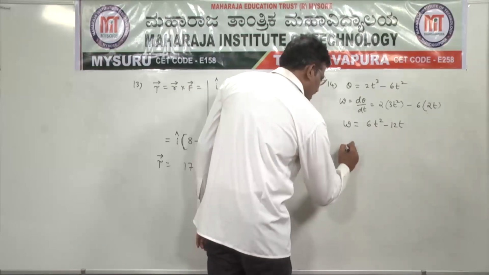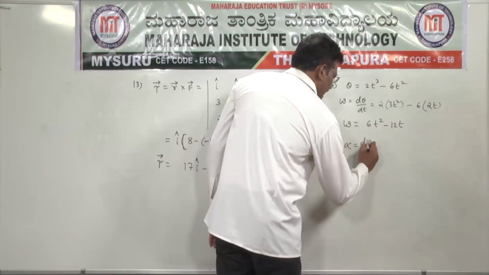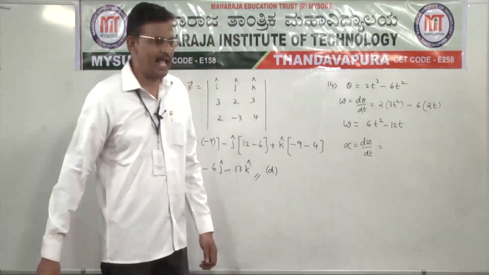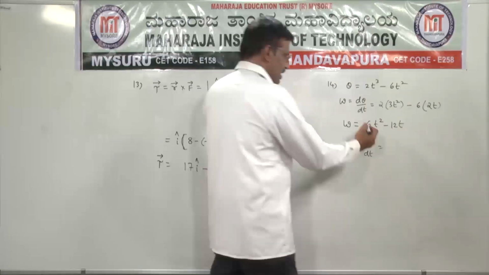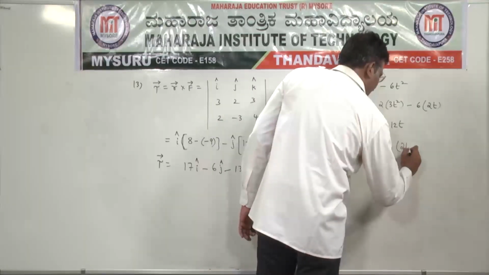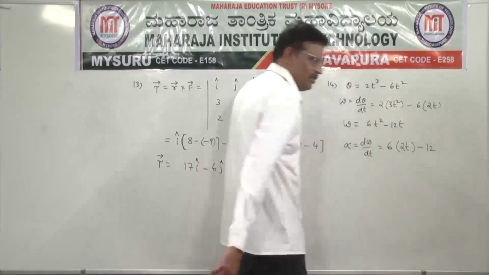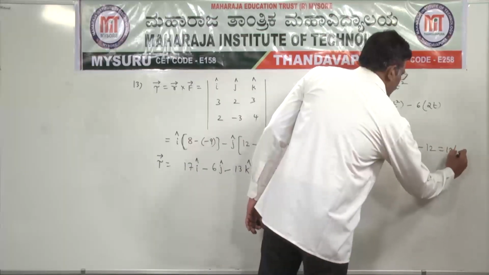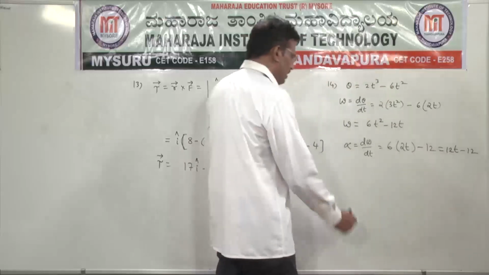Again differentiating with respect to time, we will get angular acceleration. d omega by dt is angular acceleration. So 6 into 2t minus 12, that is equal to 12t minus 12, alpha.